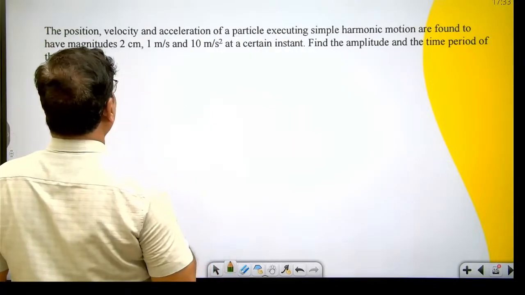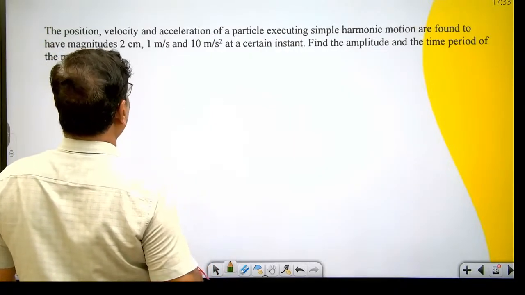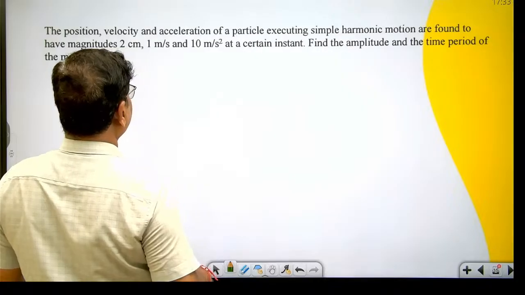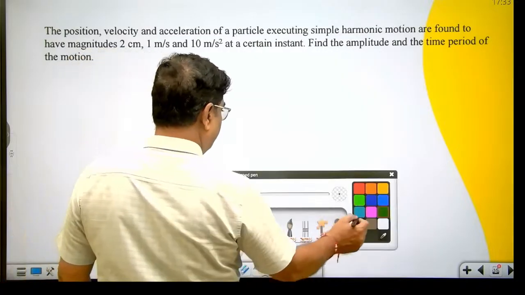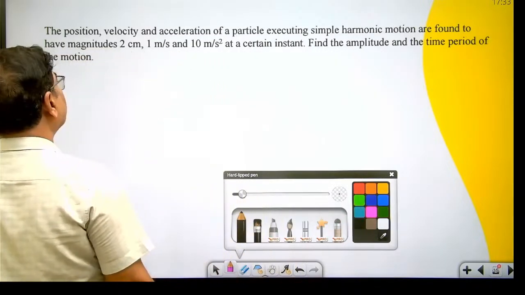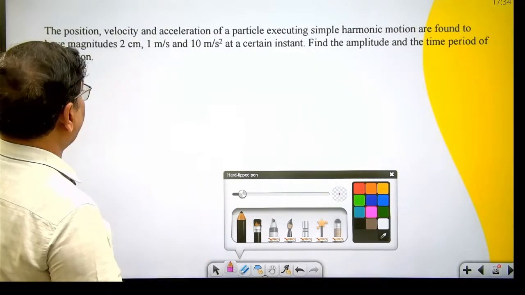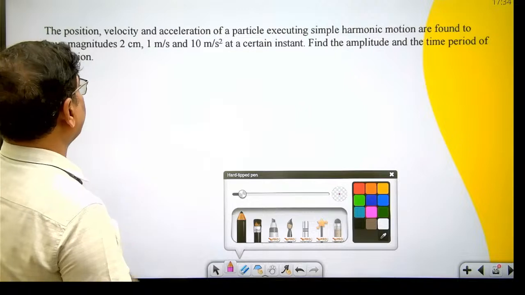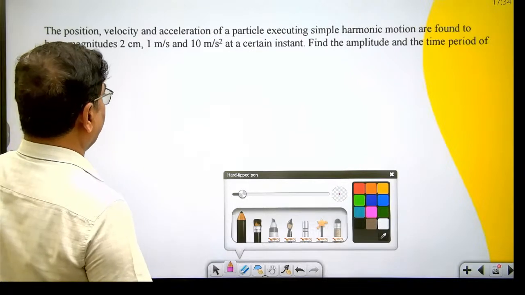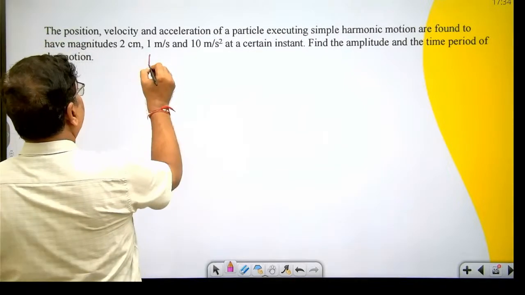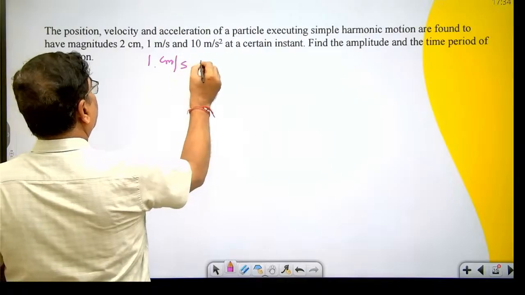Velocity is given as 1 meter per second and acceleration as 10 meter per second square. Here there is some unit problem. This should be 1 centimeter per second and this should be 10 centimeter per second square. We are just correcting this.